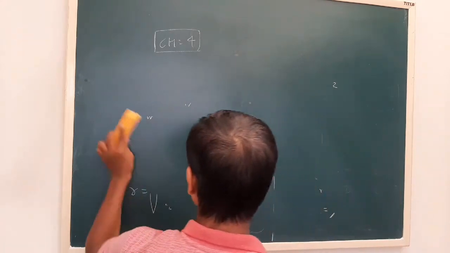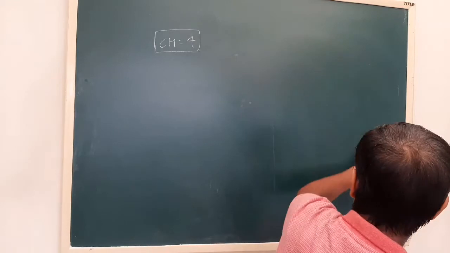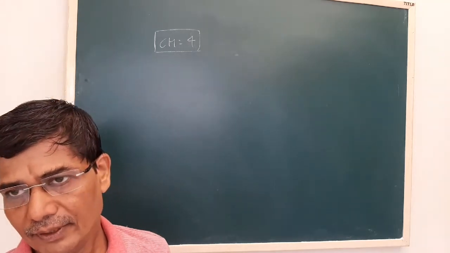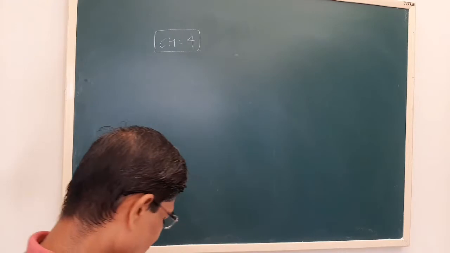Now see a device which works on the principle we have discussed. Whenever a charged particle moves normal to the field, it performs circular motion. See a device we have to discuss is called cyclotron.